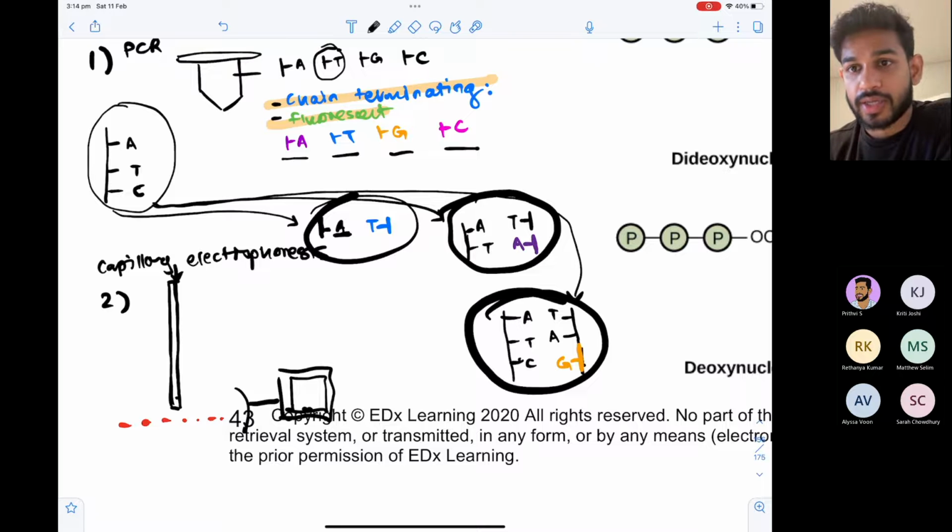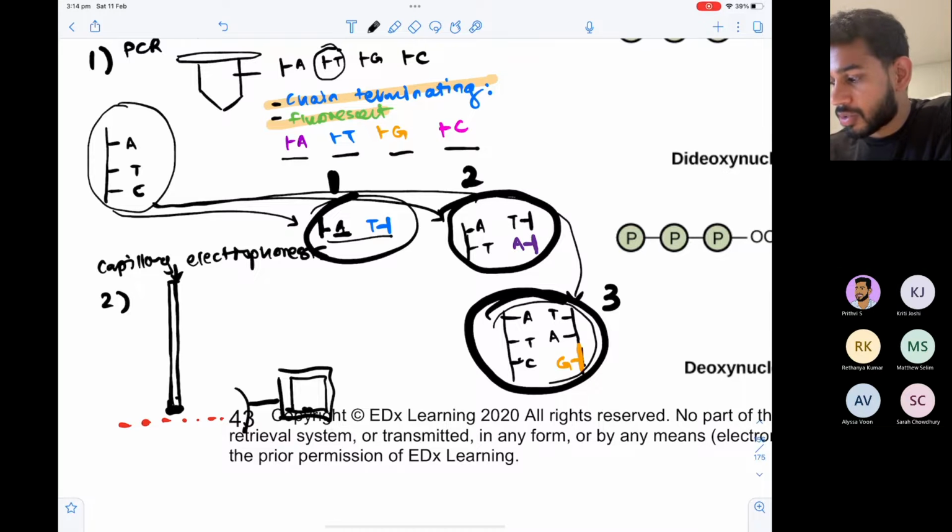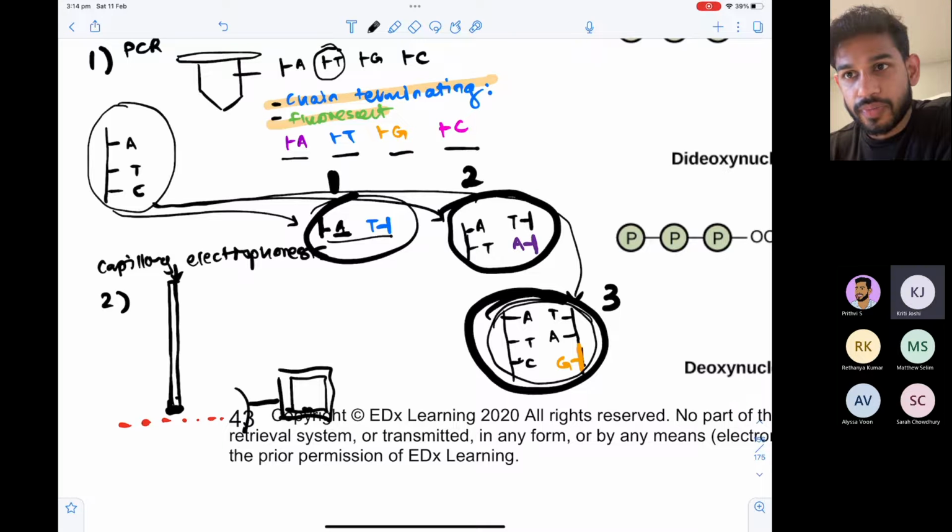Now logically, Kriti, which fragment, 1, 2, or 3, will reach the bottom of the capillary tube, and which one will reach the laser first? The small single base fragment or the heavy large 3 base size fragment? 3 base.